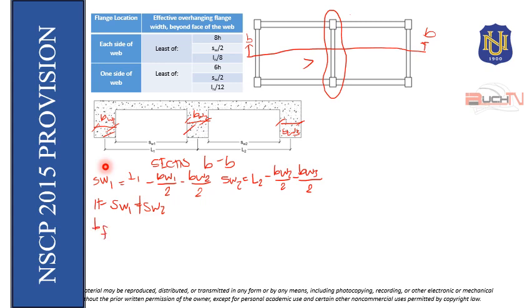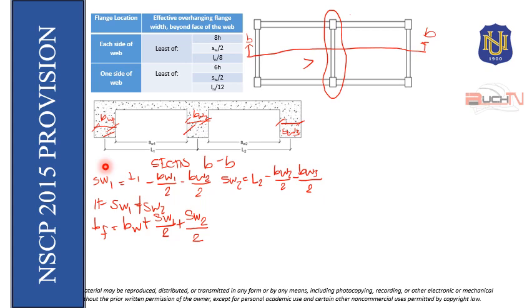B sub F now will be equivalent to B sub W plus, hindi natin pwedeng basta-basta ita times 2. So, that will just be SW sub 1 divided by 2 plus SW sub 2 divided by 2. Kasi clear distance sila to the next web and hindi sila equal.